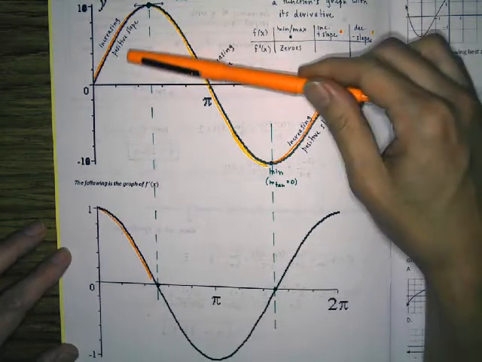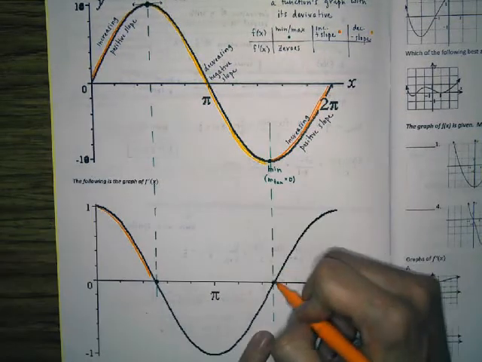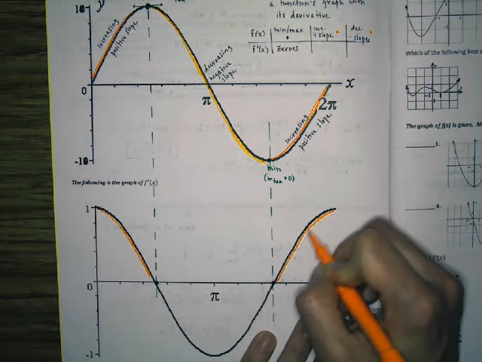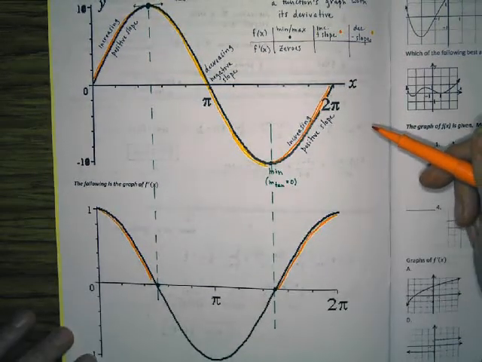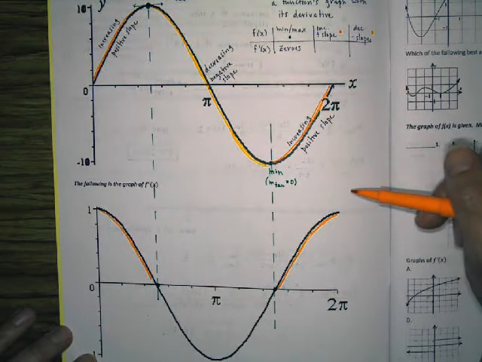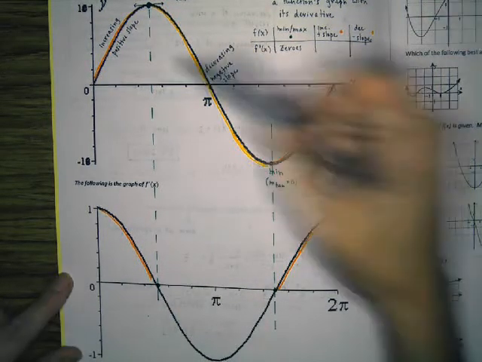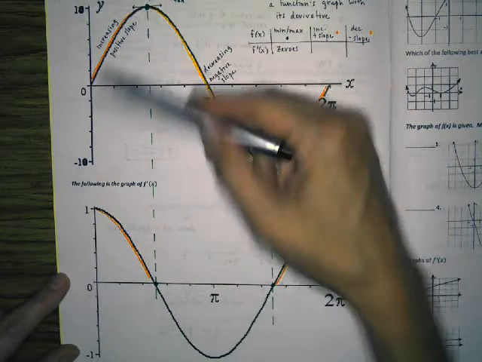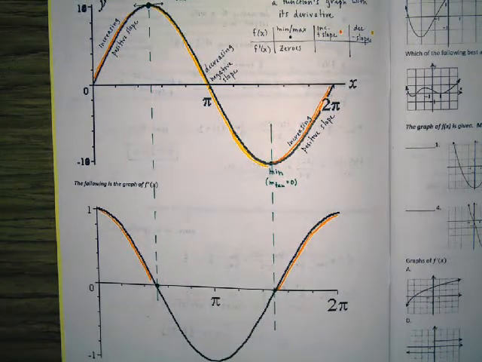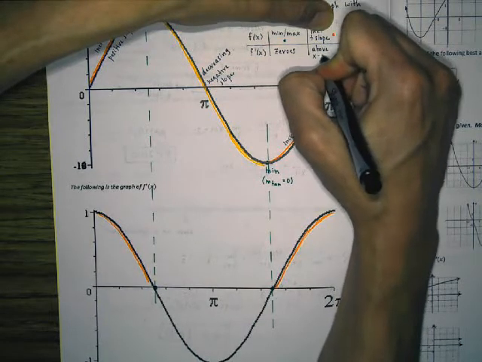And what I notice is that over that same interval where I'm increasing, and same over here, here's where I'm increasing, whenever my function is increasing or has a positive slope, its derivative is above the x-axis. So again, where my function is increasing over that same interval, my derivative is above the x-axis. So I'm going to make a note of that here. It's above the x-axis.